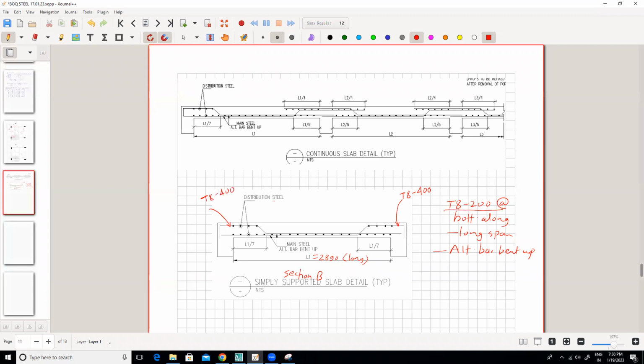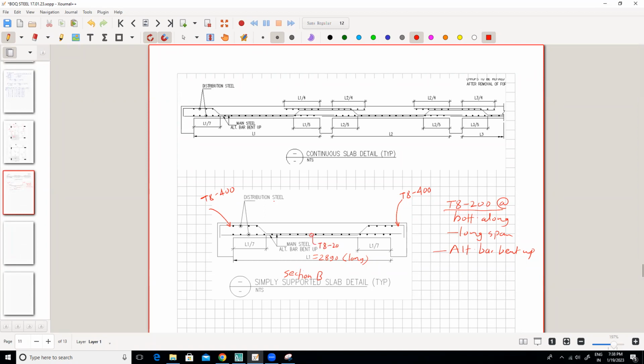Understand this carefully, those who don't know. And at the center, how many bars will be there then? How many bars will be here? This 400 and this 400, combined spacing, how much will it be? Number of bars? 200. 200, right? So this plus this will be T8 at 200.